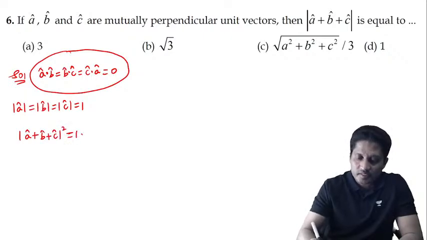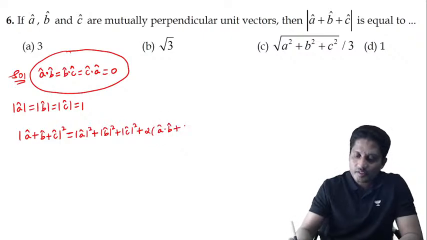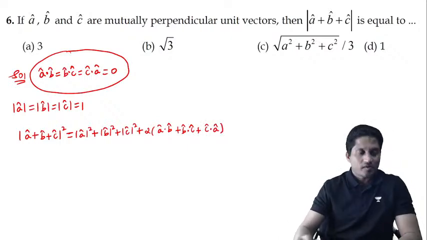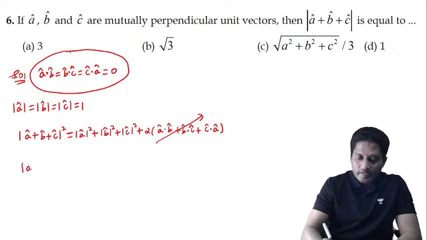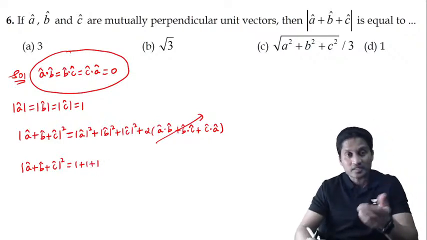It is equal to mod A square plus mod B square plus mod C square plus 2 into the bracket A dot B plus B dot C plus C dot A. This bracket is 0, and because A, B, C are unit vectors, each mod is 1. So the whole square is equal to 1 plus 1 plus 1, which is 3.